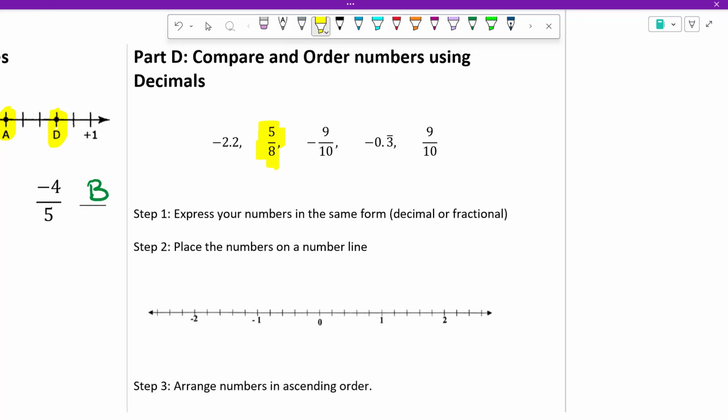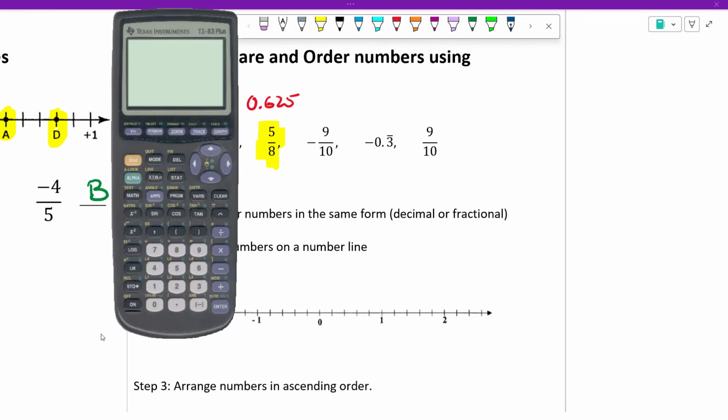Once you start getting older and you start fixing things around your house, it's 0.625. If you're not sure, you don't have to know it, but you have your calculator. On my test, you'll be allowed to use your calculator. So you go 5 divided by 8, it gives 0.625.